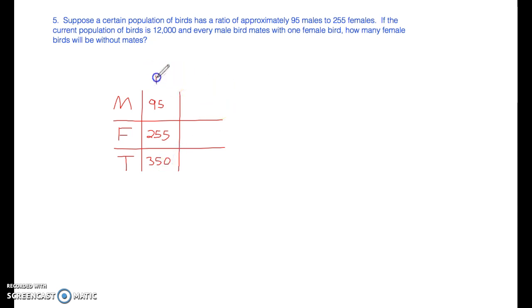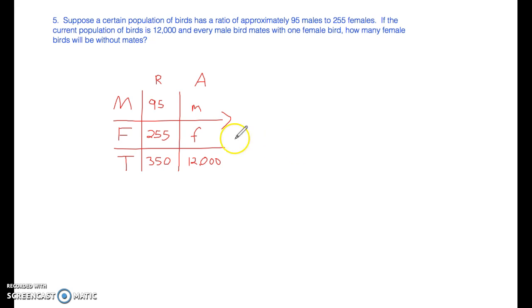So this is the ratio column, and then this is the actual column. So we know we're dealing with 12,000 birds. So we need to solve for F, and we need to solve for M. And we know that every male bird mates with 1 female bird, so how many female birds would be without mates? So we're going to have to find the difference between these two when we're done.